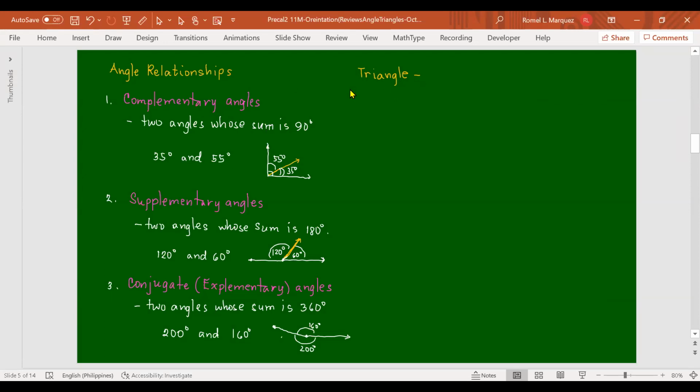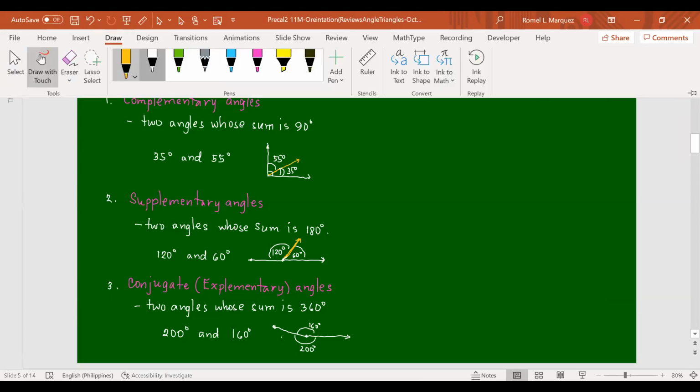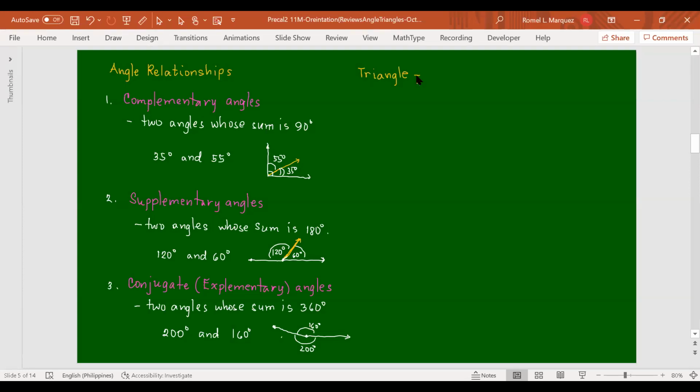Charlie, what is a triangle? Sir, it is a three-sided polygon. So it is a polygon with three sides. Very good. A three-sided polygon.